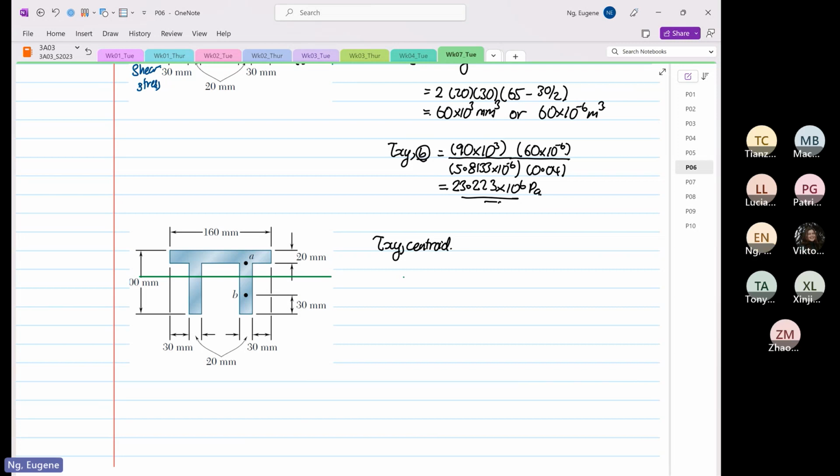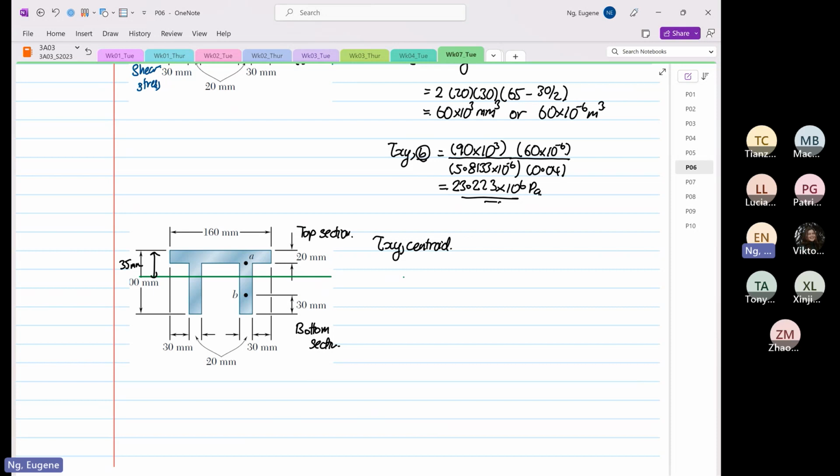The first method, we are going to look at the top section, and the second method, we are going to look at the bottom section. We are aware that this distance is 35 millimeters, and we are going to find the shear stress at the centroid.